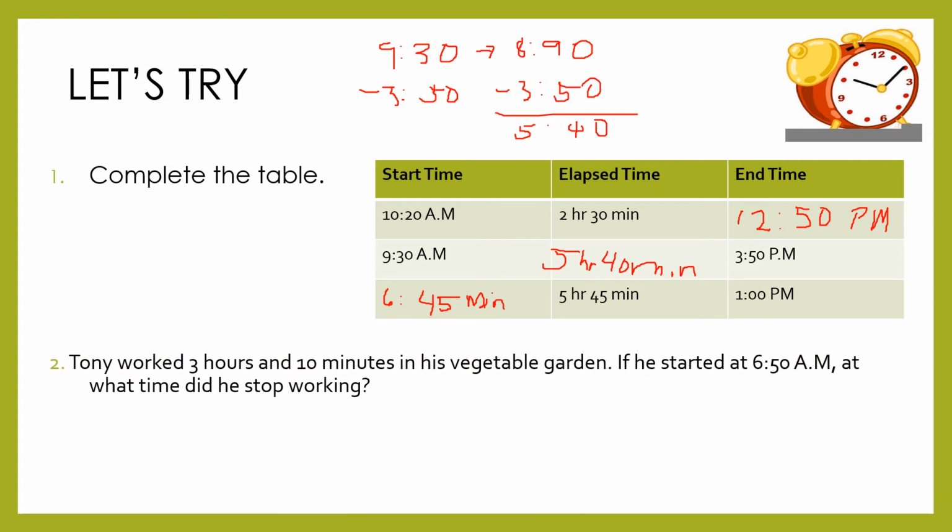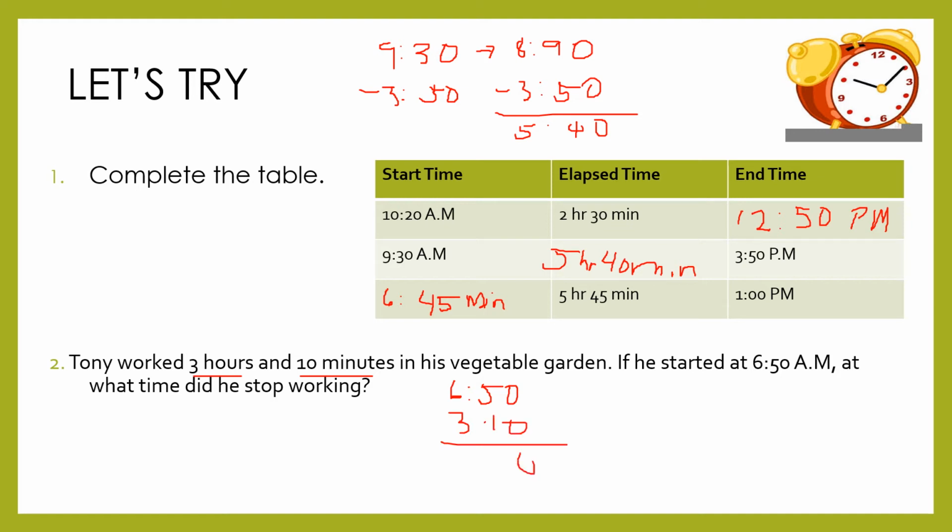Tony worked 3 hours and 10 minutes in his vegetable garden. If he started at 6:50 a.m., at what time did he stop working? So Tony worked 3 hours and 10 minutes. So that means we need to add 6 hours and 50 minutes plus 3 hours and 10 minutes.